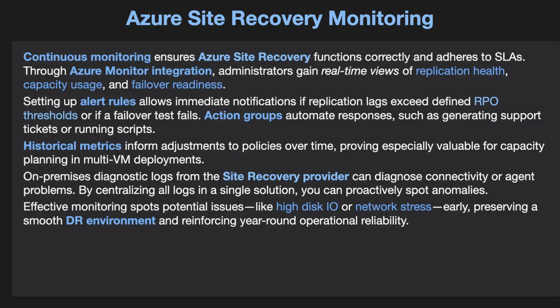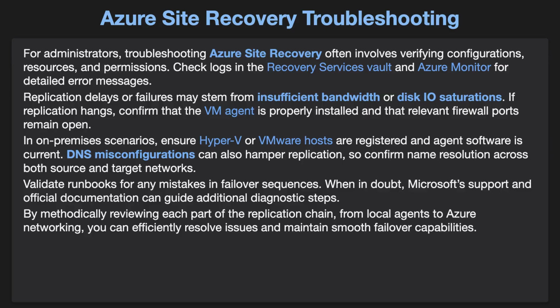For administrators, troubleshooting Azure Site Recovery often involves verifying configurations, resources, and permissions. Check logs in the Recovery Services Vault and Azure Monitor for detailed error messages. Replication delays or failures may stem from insufficient bandwidth or disk I/O saturation.